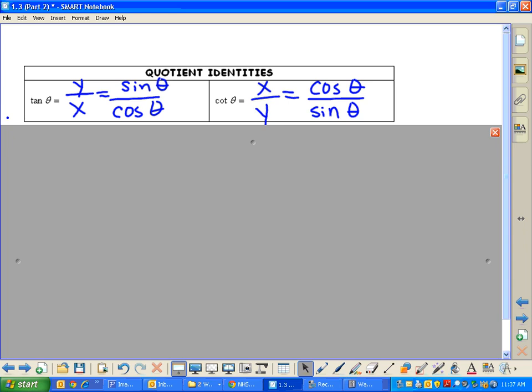Well, if you come to understand y as your sine value and x as your cosine value, you could also then write tangent as just sine divided by cosine. It then follows that if you've come to understand cotangent as x over y, and then x is cosine and y is sine, you could actually write cotangent of theta as cosine over sine.